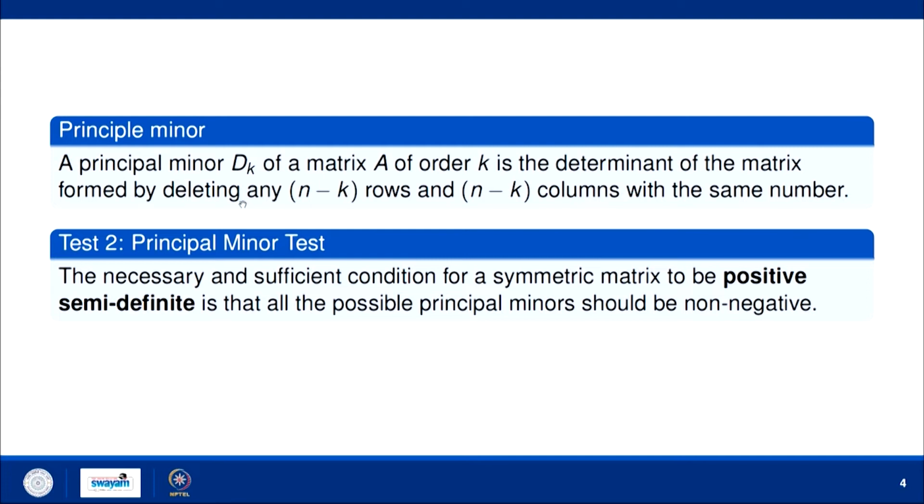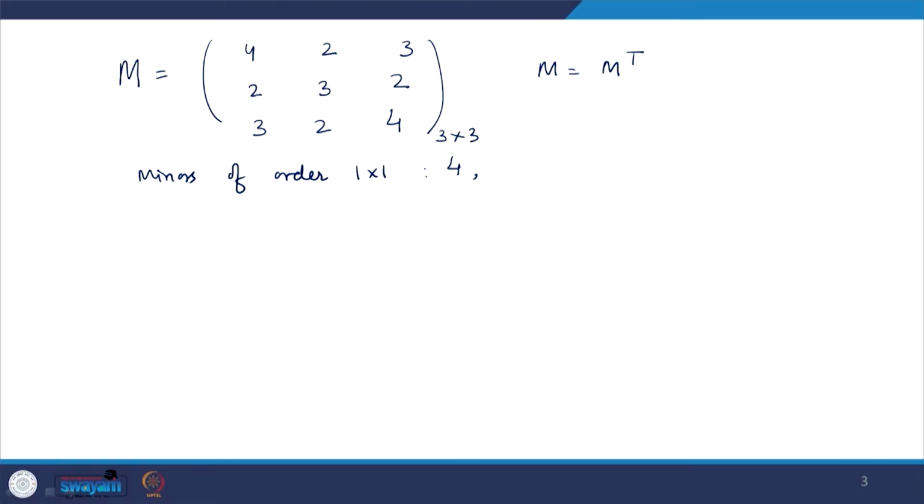So, you delete any 2 rows and the same 2 columns. If you delete the second row, second column, third row, third column, you are left with 4. So, 4 is the first minor.